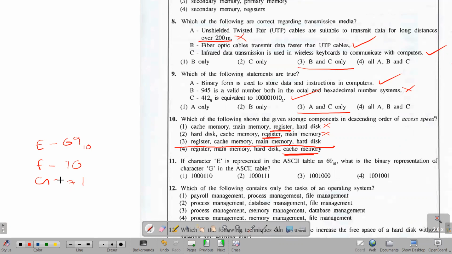Let's see. 71 divided by 2 is 35, 1 is remaining. Again divide by 2, 17, 1 is remaining. Again divide by 2, 8, 1 is remaining. 4, 0 is remaining.